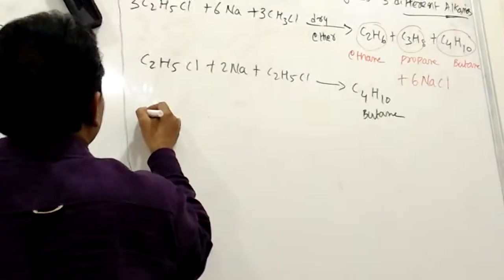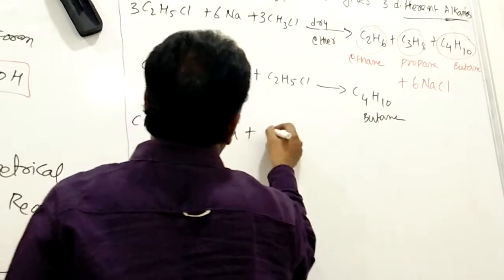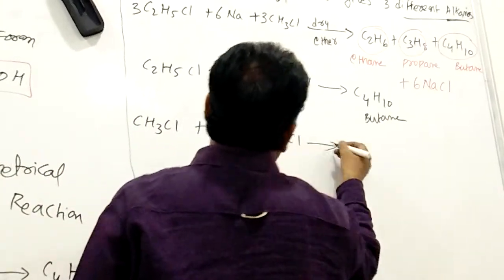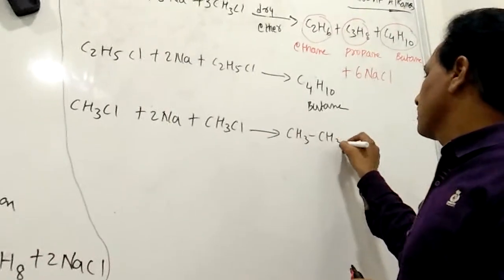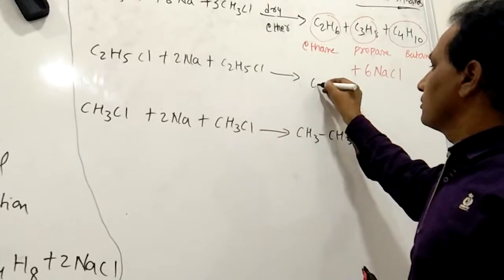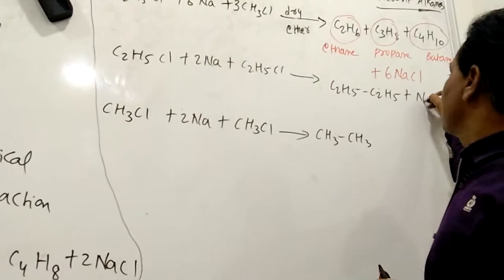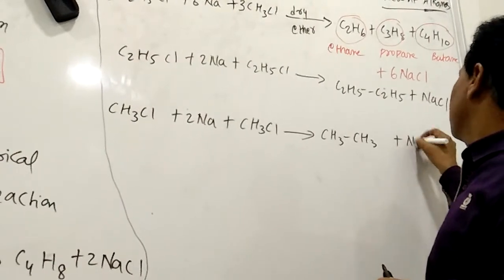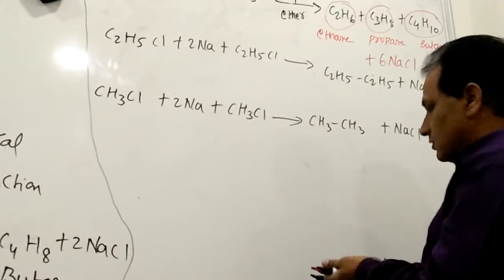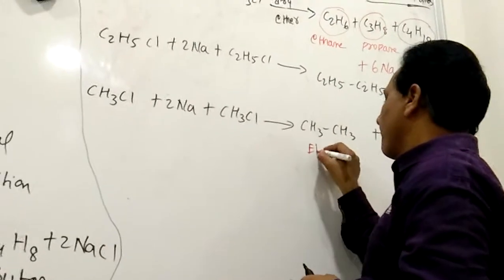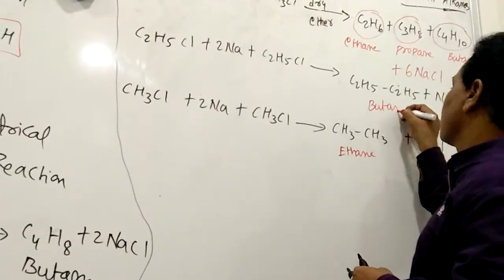And CH3Cl plus 2Na gives CH3-CH3, ethane, plus NaCl plus NaCl. This is ethane. This is butane.